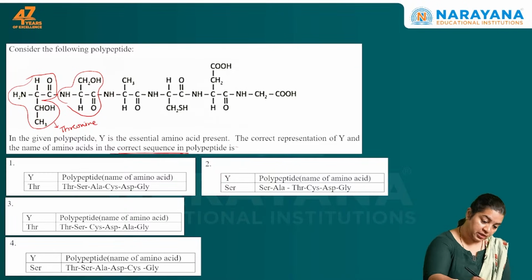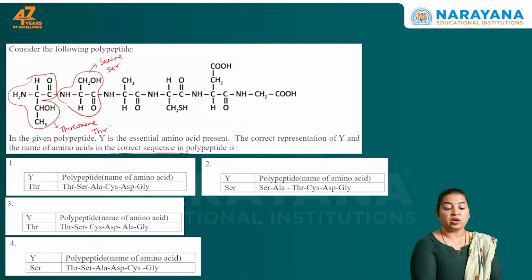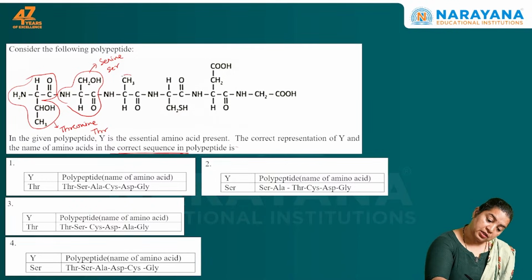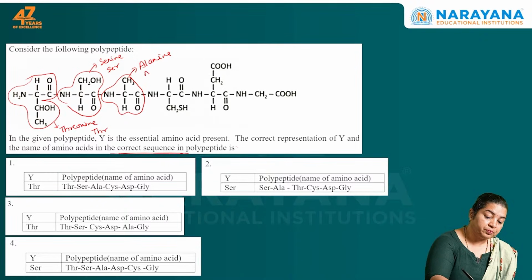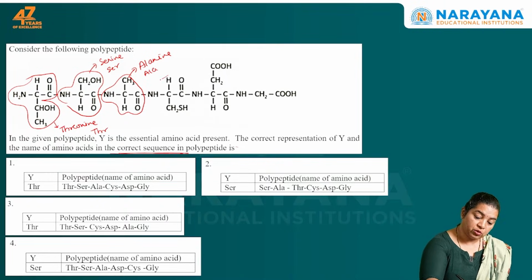This is our next amino acid. This is serine, abbreviated as SER. Threonine is symbolized as THR. Next amino acid is NHCH. Now, this is our alanine, ALA, right.